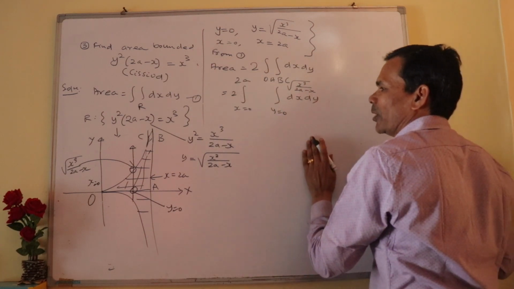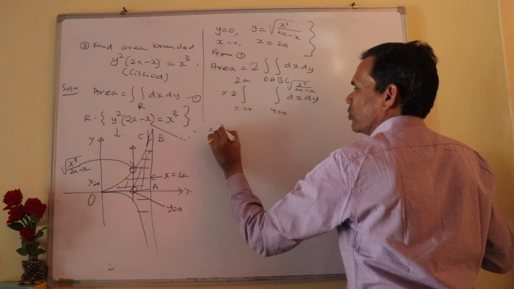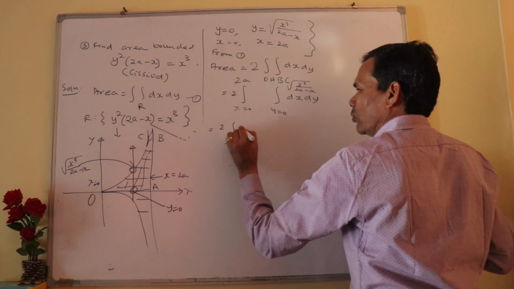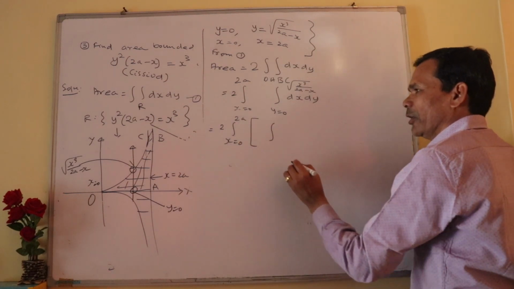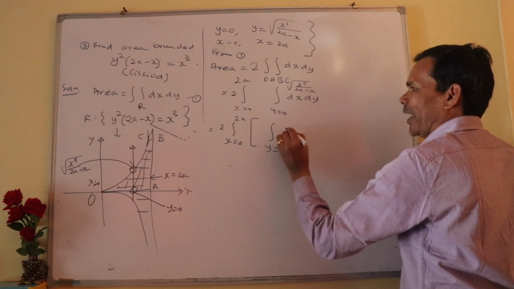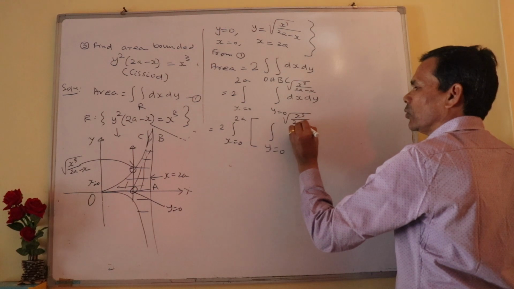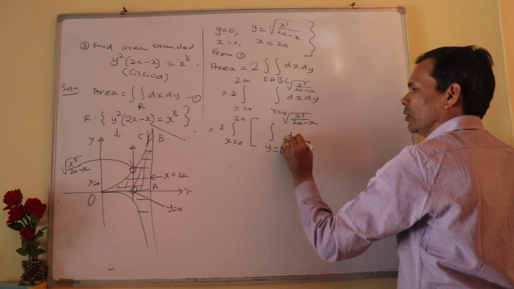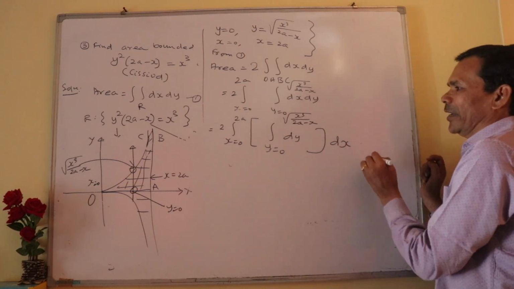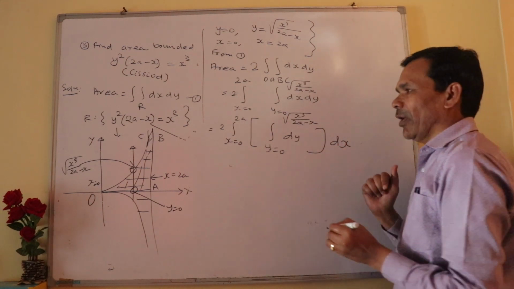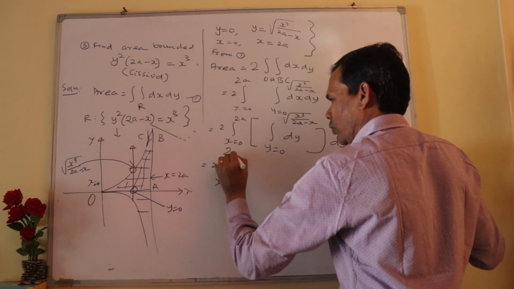So I simplify this further. This is equal to x from 0 to 2 times a, and we integrate with respect to y naturally, because y has variable limits. It is x cube upon 2a minus x into dy, and then with respect to x. So this is called variable separable form in y and x. So this is 2 times x from 0 to 2 times a.